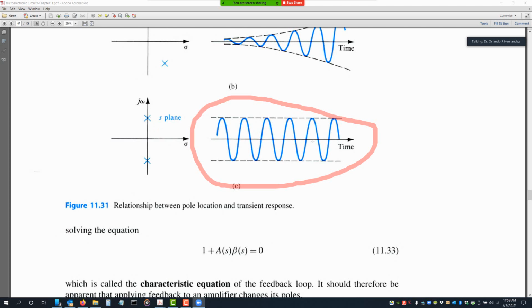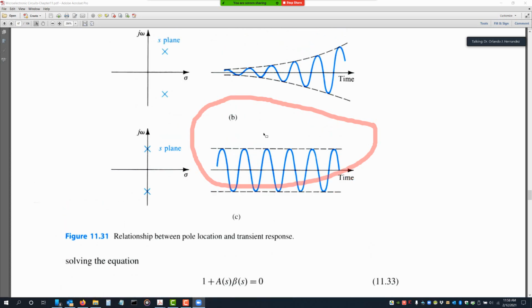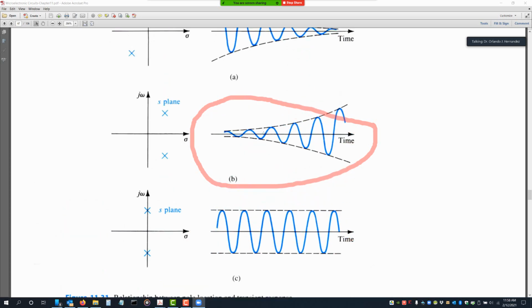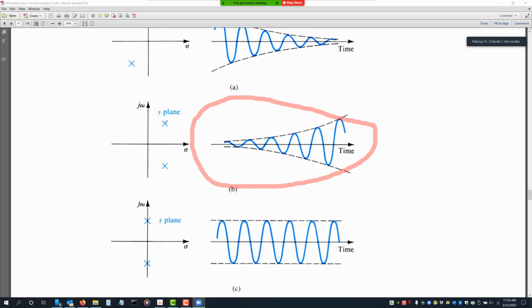And we'll see later when we study oscillators how we can make nonlinear circuits where your poles start a little bit on the right side, so you can start the oscillation going, but then you don't want that to be sustained forever.